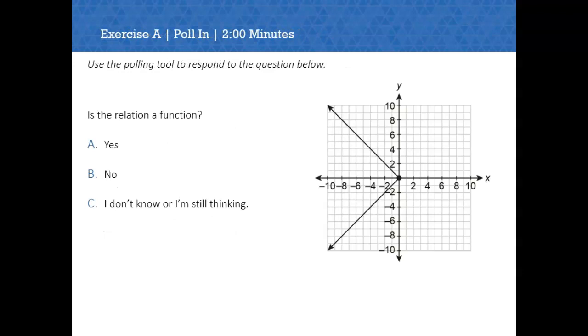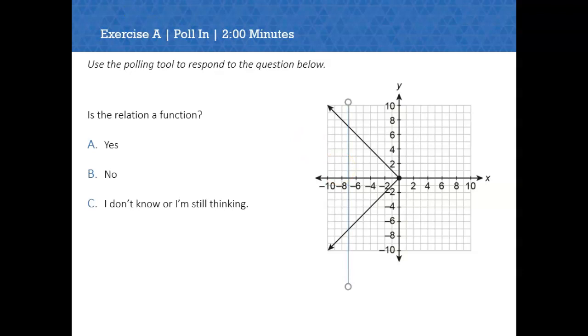So here helps us with that vertical line test. Is the relation a function? If I take a line and I move it across my function, if it hits two places at once, like it does here, it is not a function.